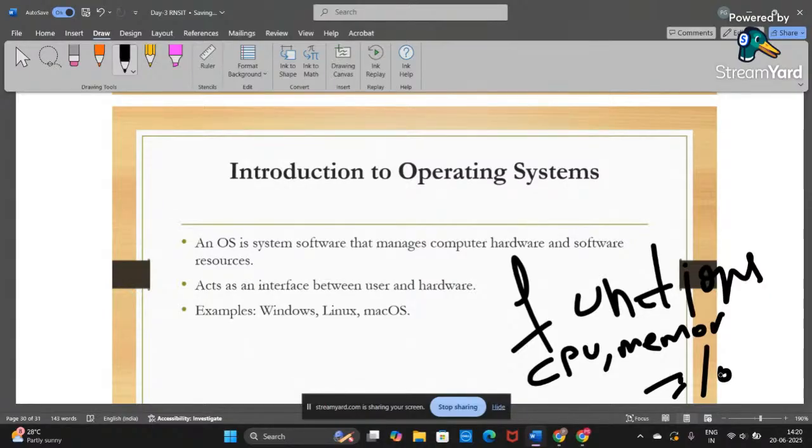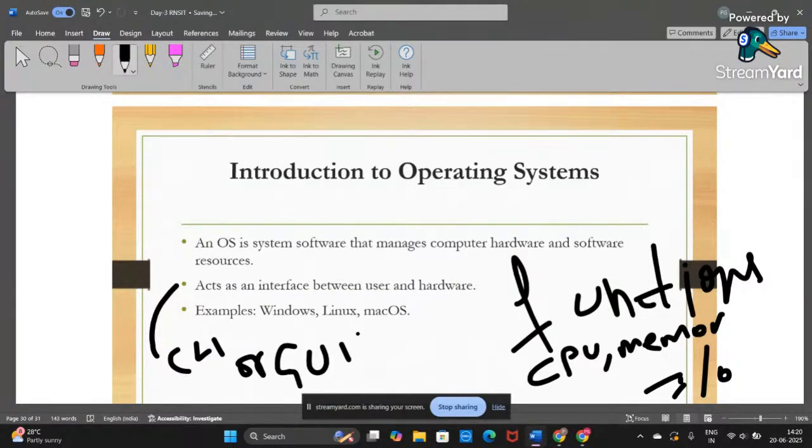And it provides a user interface, CLI or GUI. I told you the full form of GUI in the previous session.